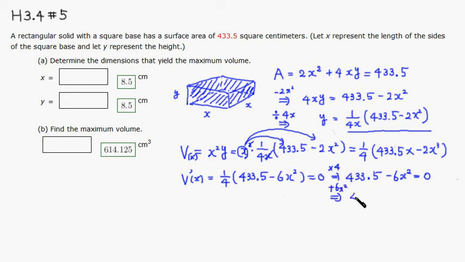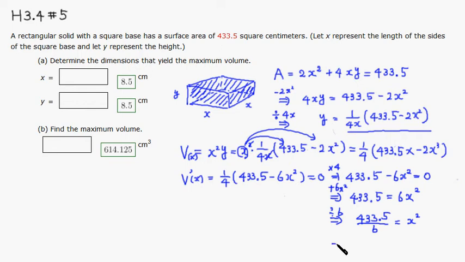You get 433.5 is equal to 6x squared. Then we can divide through by 6 to get 433.5 divided by 6 is equal to x squared.